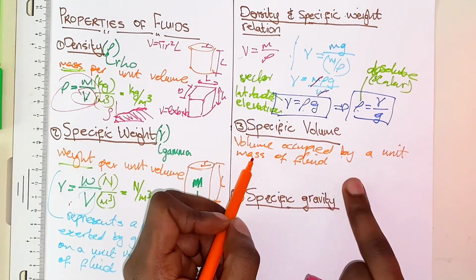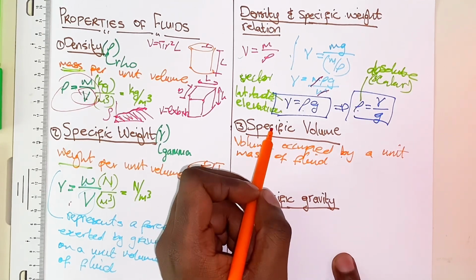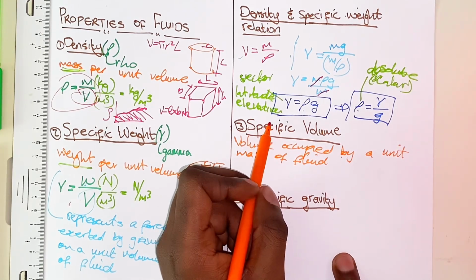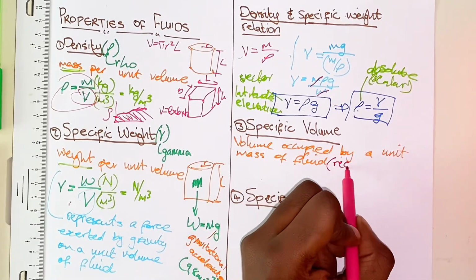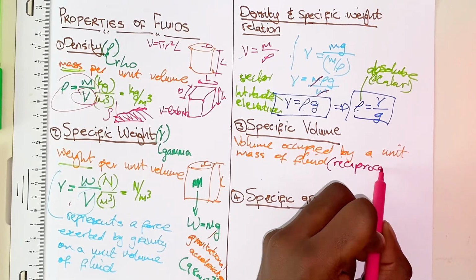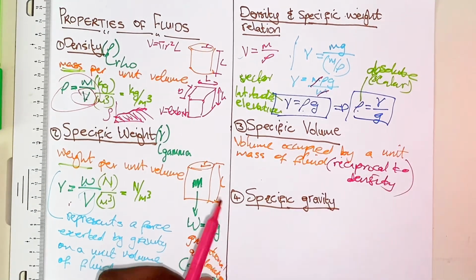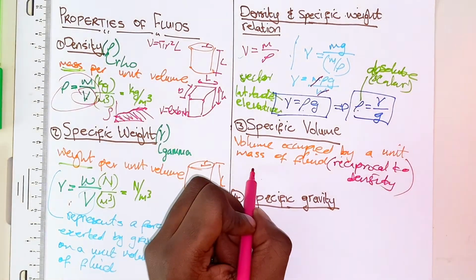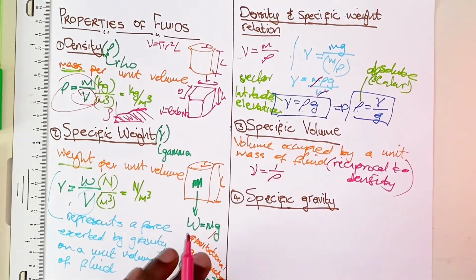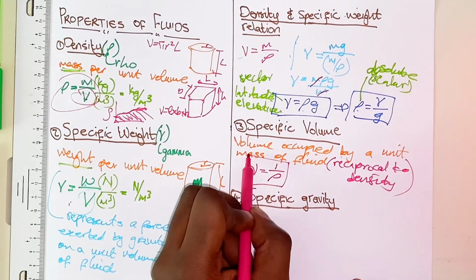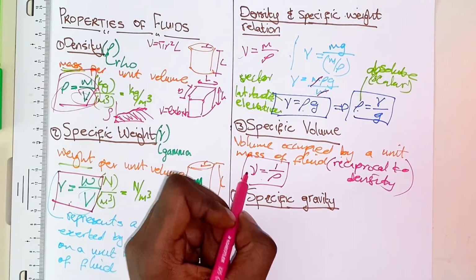Now if we take a unit mass and we check how much volume it occupies, we are now talking about specific volume. Now specific volume is reciprocal to density, meaning that to find specific volume, it is equal to 1 over our density. That's another formula.